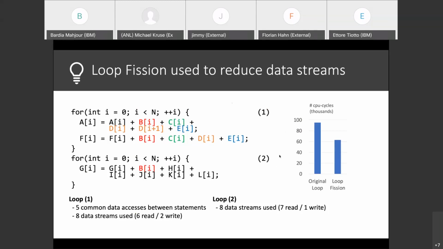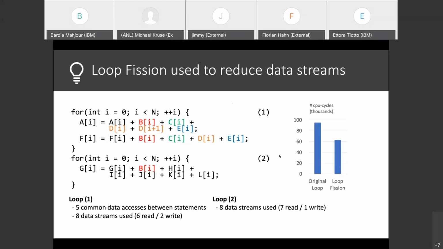So that's the benefit. This is an example where loop fission can be used to improve runtime performance, in this case because it can reduce the number of resources used by the original loop without compromising too much the opportunity for data reuse.